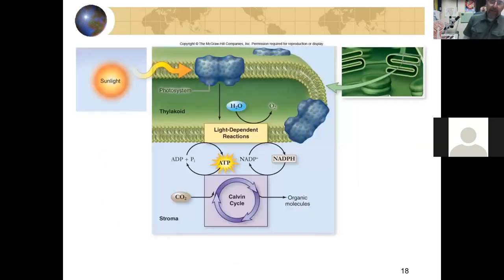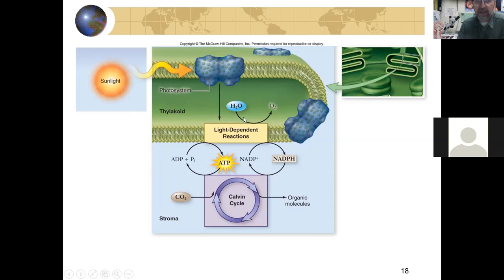Another big chemical reaction that doesn't happen in humans, but we depend on, is photosynthesis. Photosynthesis takes water and carbon dioxide and sunlight, and it makes organic molecules like glucose. So you have the light-dependent reactions that occur because of chlorophyll.